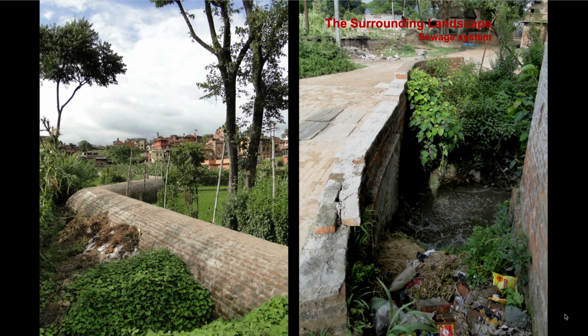Now, that system has not been maintained properly, and its capacity is not enough to handle the population in Bhaktapur right now. And all this sewage system is now connected to the river without any treatment of sewage. So this leads to great pollution of the river.